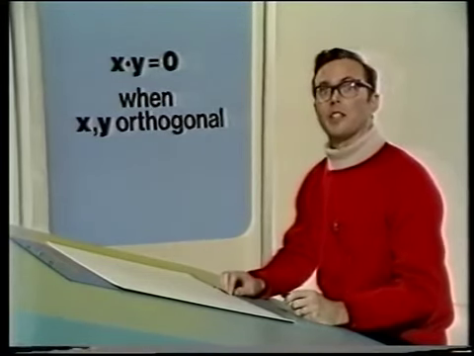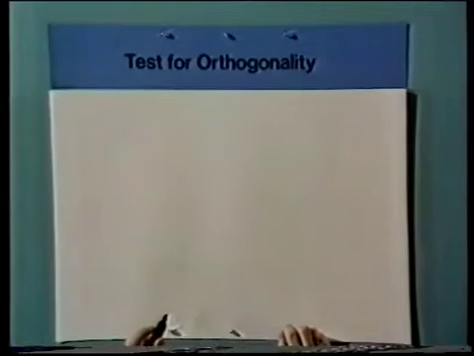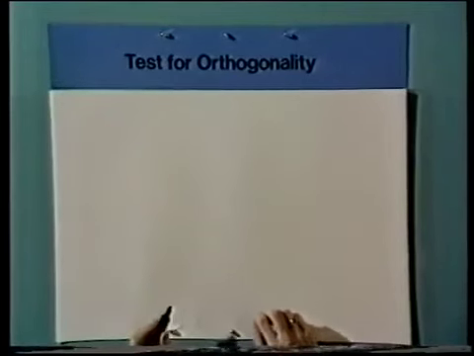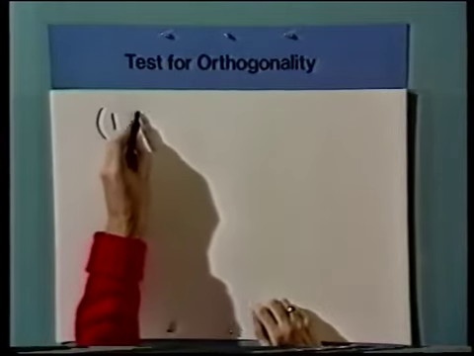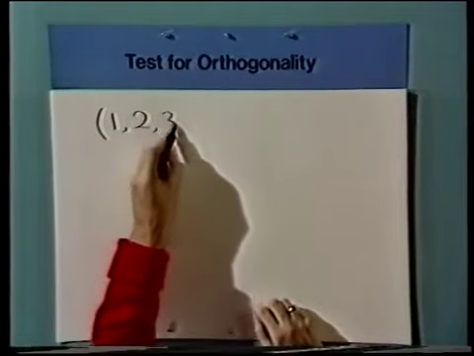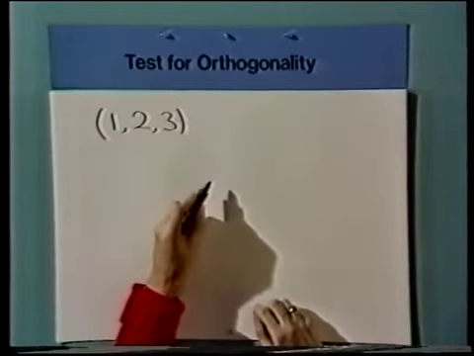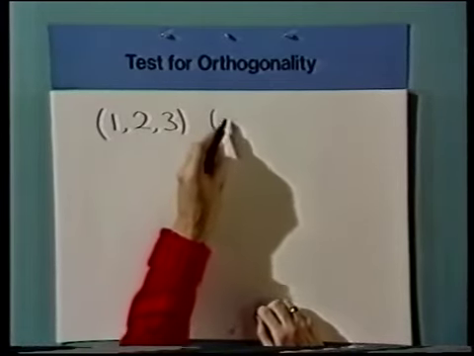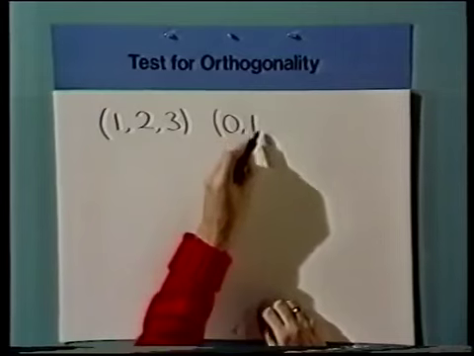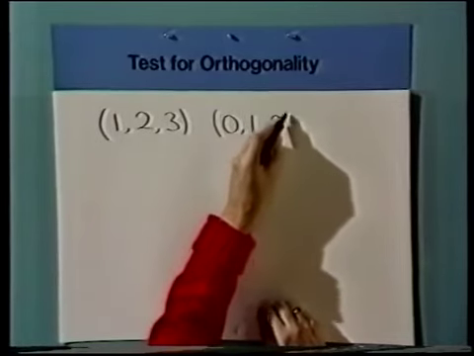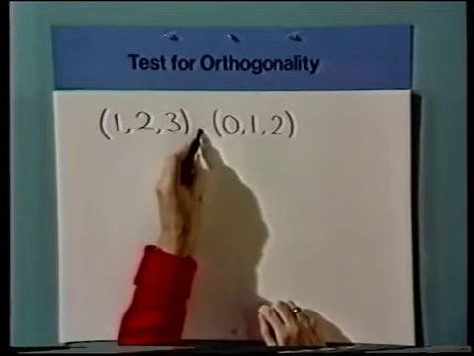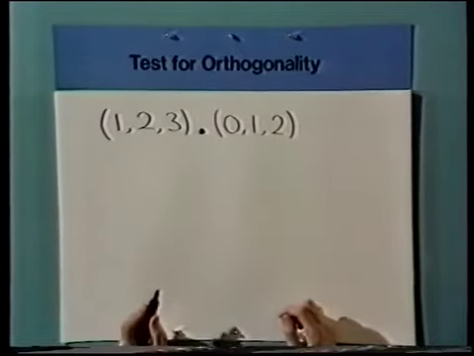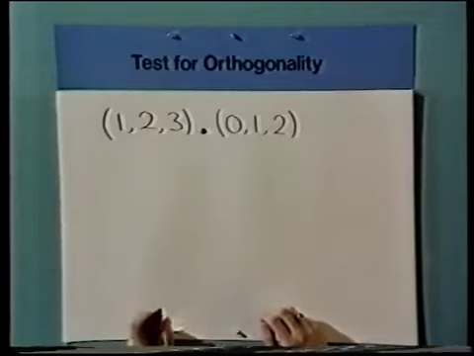Well, let's try out this definition with a couple of examples. I'm going to take 2 vectors in R3, say (1, 2, 3) and (0, 1, 2), and I'm going to form their dot product. Well, how do we do that? We do it just as in R2.